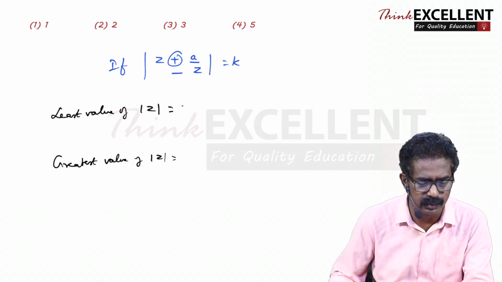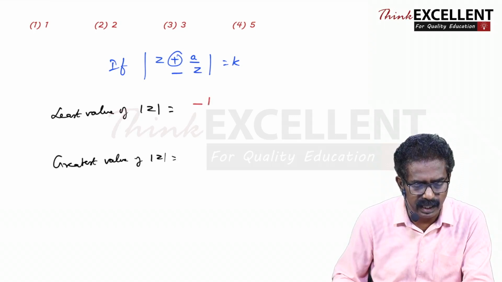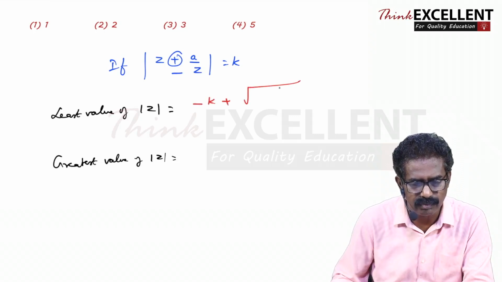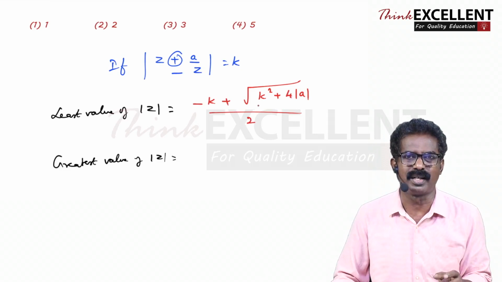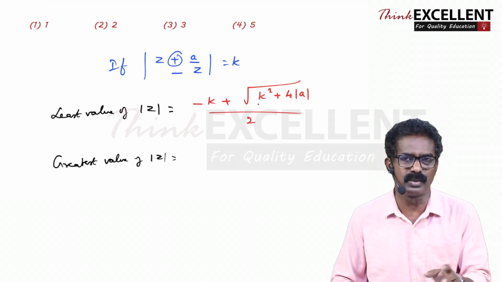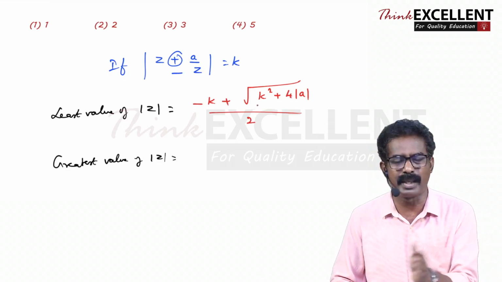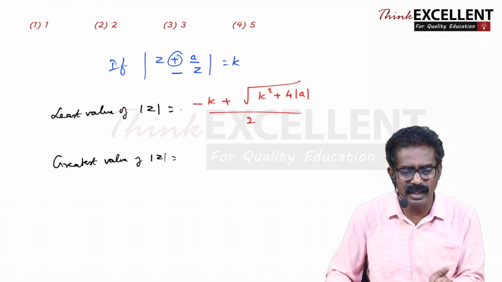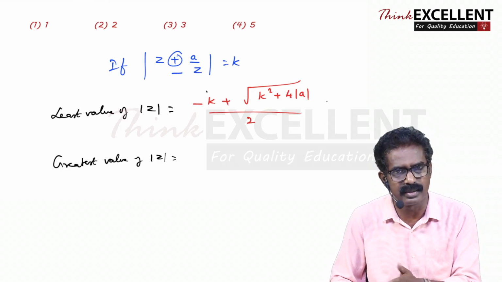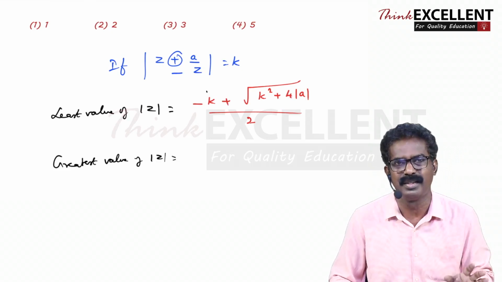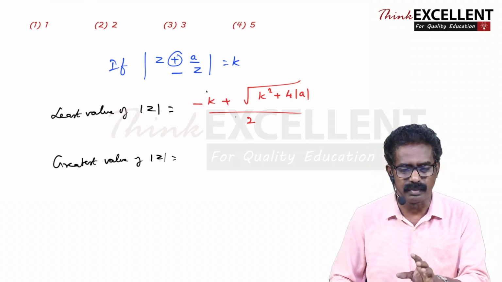Least value: minus k plus root of k square plus 4 into modulus a, by 2. In quadratic equation we studied one formula, right? Minus b plus or minus root of b square minus 4ac by 2a. Something like that, not exactly, but you learn this.